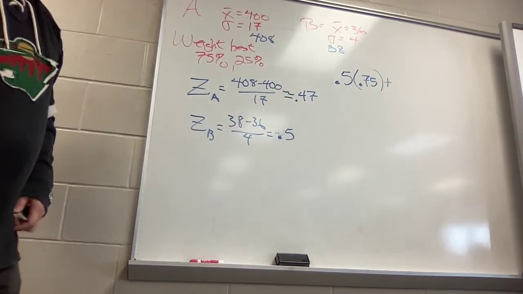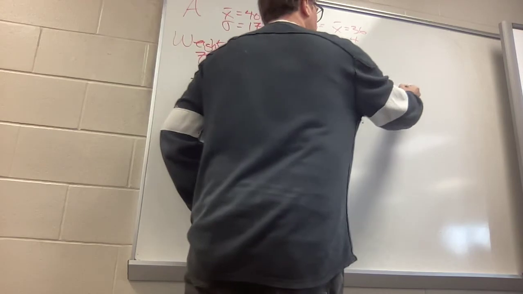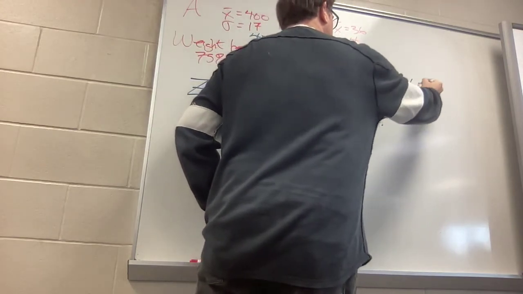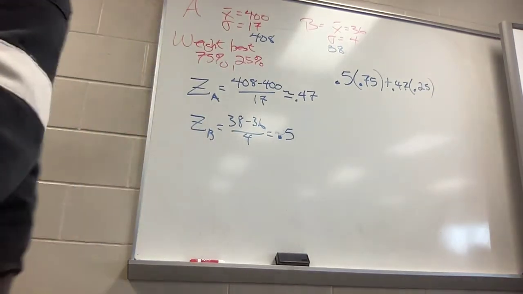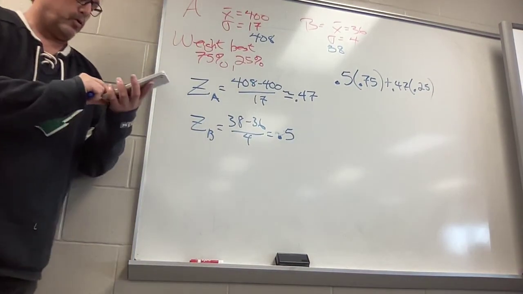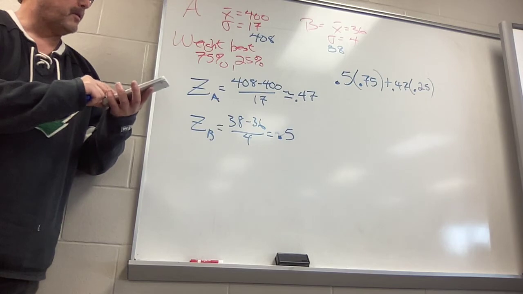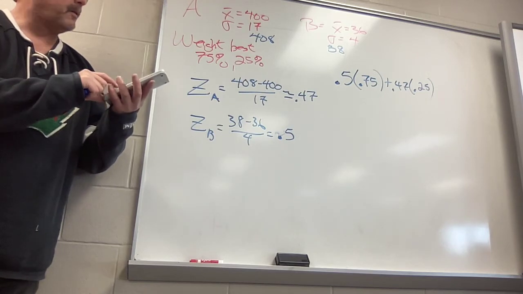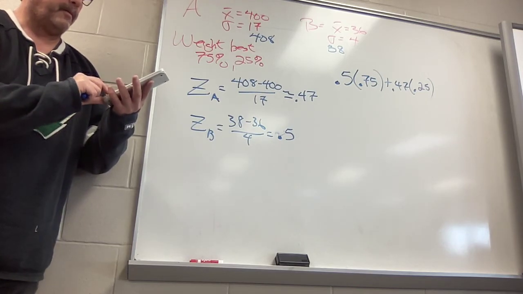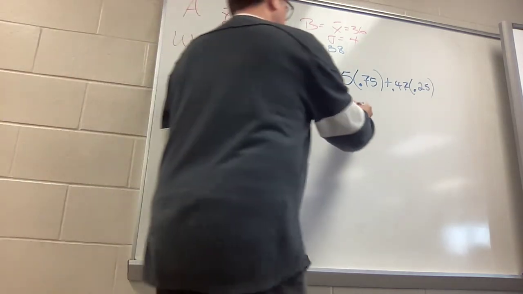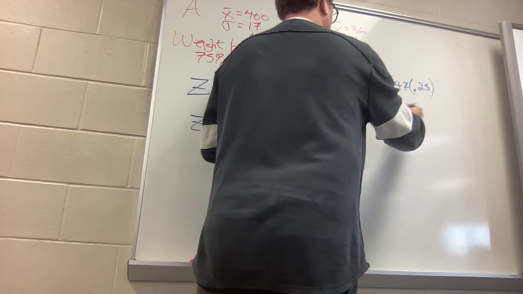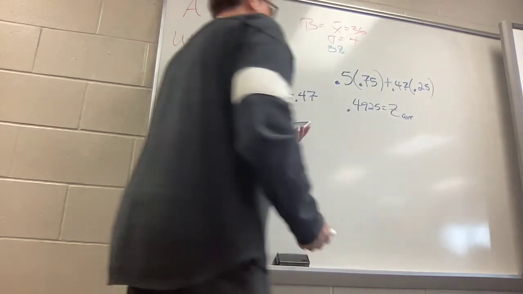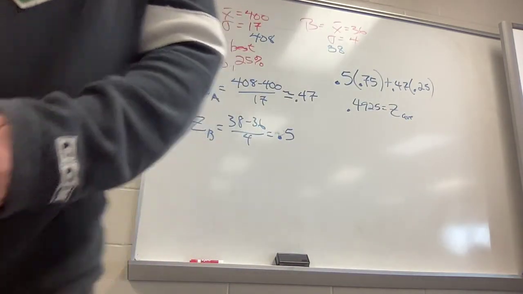We'll take your next best Z-score, 0.47, and take that times 25%. We'll use all the stinking decimals we can get out of that. Your Z average is 0.4925.